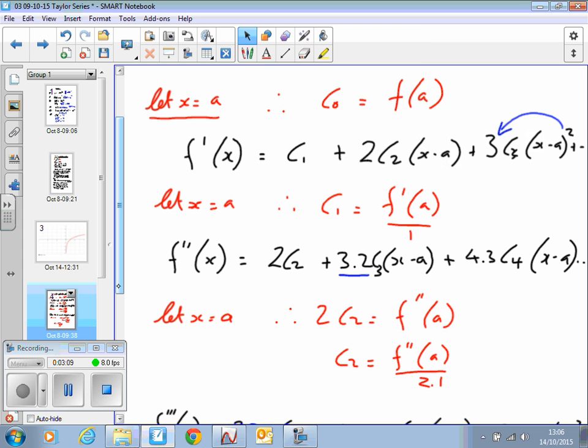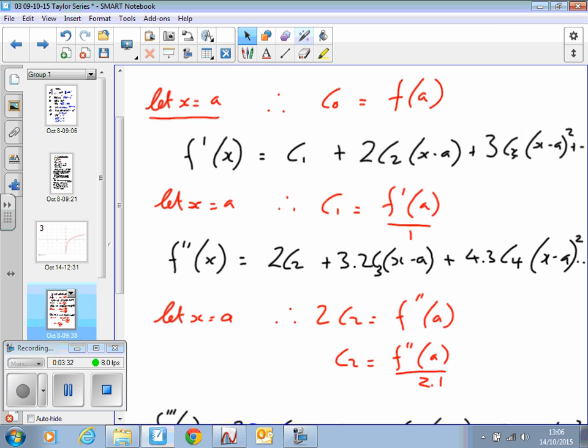Lots of C3. Reduce the power by 1. So x minus A squared becomes just x minus A, which is this term, and then so on. So we bring the 3 down, and this becomes x minus A squared, and so on.